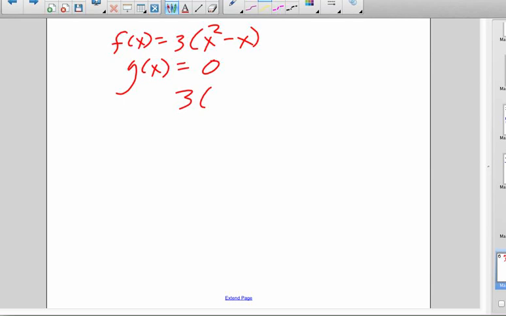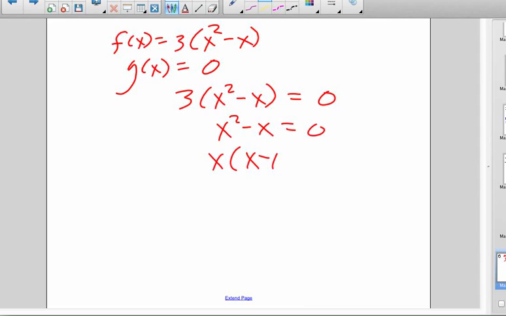So we're going to have 3 times x squared minus x equals 0. Divide by 3. I have x squared minus x equals 0. I'm going to have x times x minus 1 equals 0. So x equals 0, x equals 1. Those are 2 points of intersection.